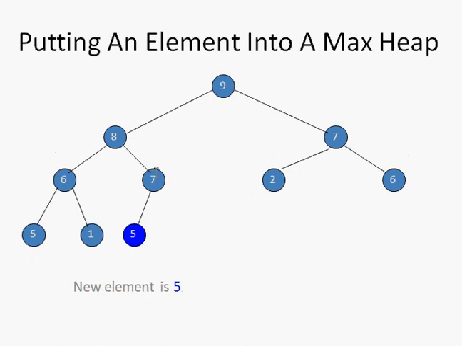So 7 and 5 are compared. 7 is greater than 5, so you do not have to shuffle. This is the correct position for the element 5 which you are going to insert. So 5 gets inserted at this position. That's all. It no longer violates the max heap rule: every root element is having a value higher than or equal to that of its children.